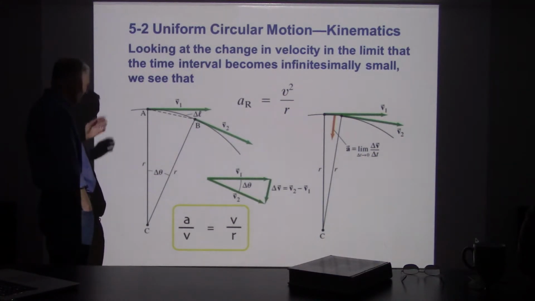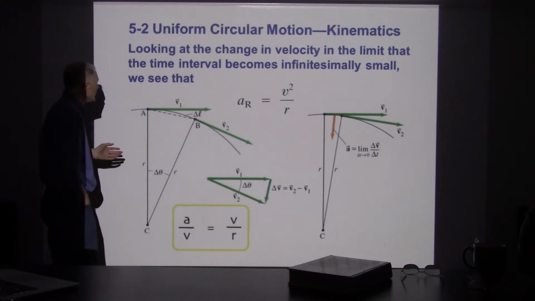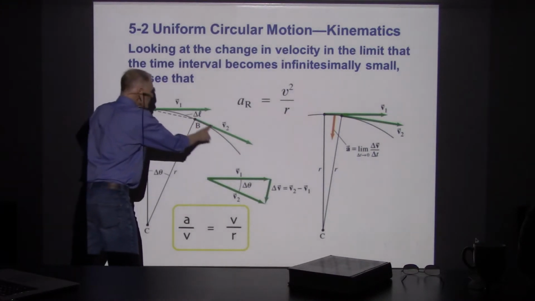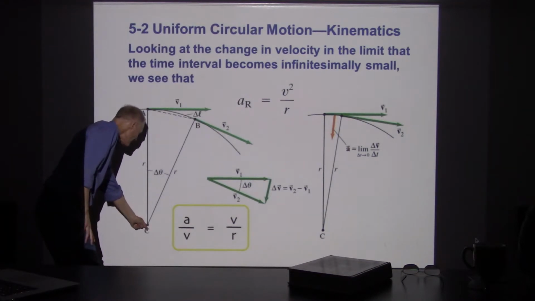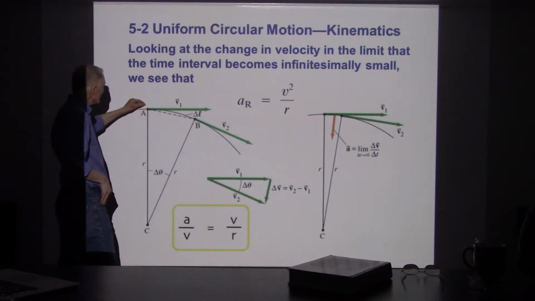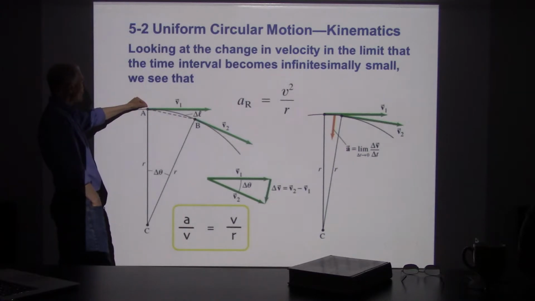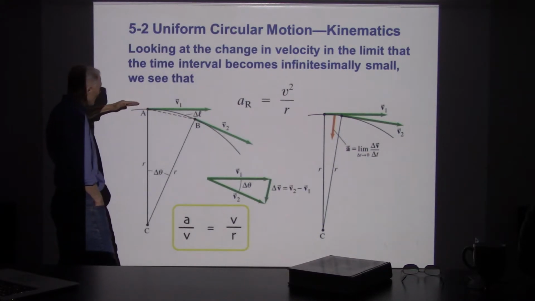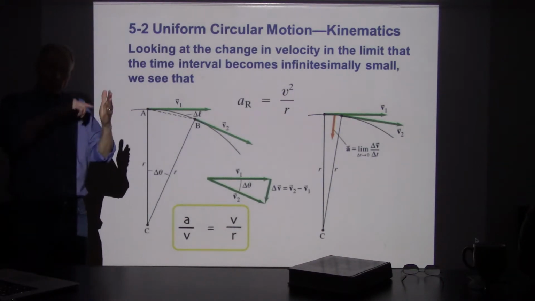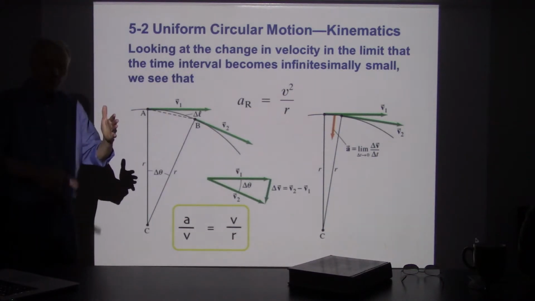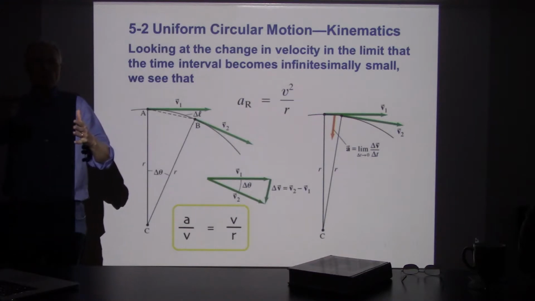Now, let's see how this would work. If we are following a circular path, then point C is at the center, I come out a radius, and here I am at a location along the surface. The velocity is tangent to the trajectory. So when I draw that circular path, that is the path the object is following.